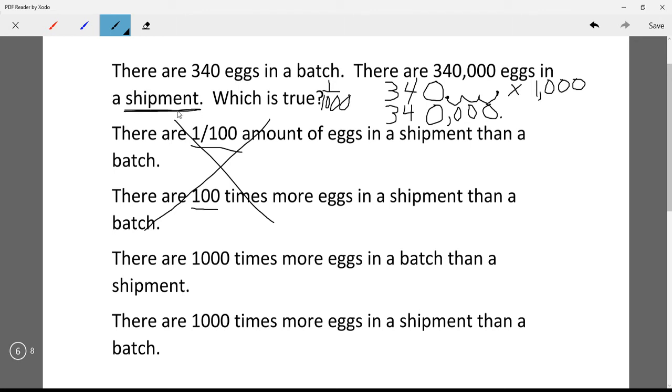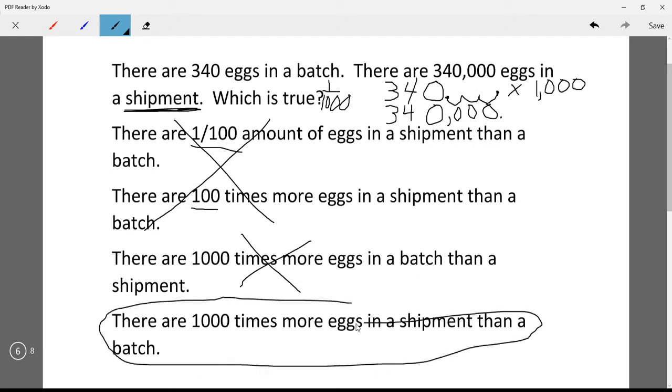We said that the shipment has more. So there are 1,000 times more eggs in a batch than a shipment? No, 340 is not 1,000 times greater than 340,000. So that cannot be true. So the answer has to be there are 1,000 times more eggs in a shipment than a batch.